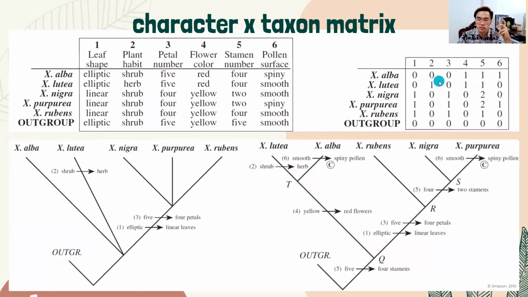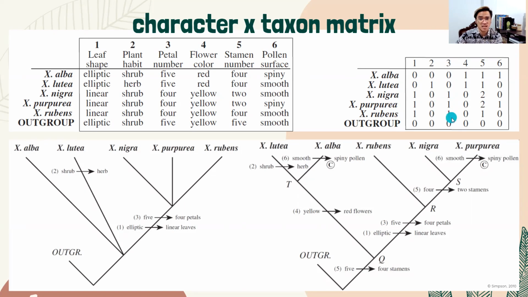In this case, if you take just a quick look at the codes in the coded matrix, you can see that X nigra, X purpurea, and X rubens, at least based on characters 1, 2, and 3, let's not look at 4, 5, 6 yet. Based on characters 1, 2, 3, you can deduce that X nigra, X purpurea, and X rubens are more similar.